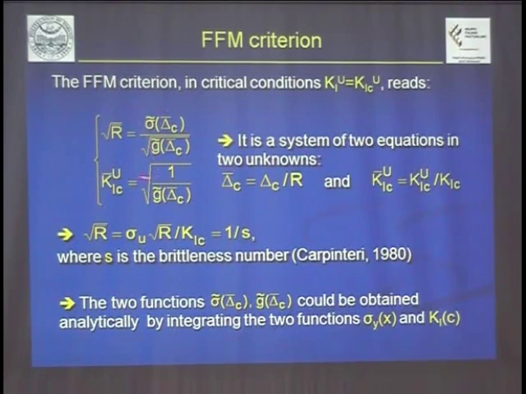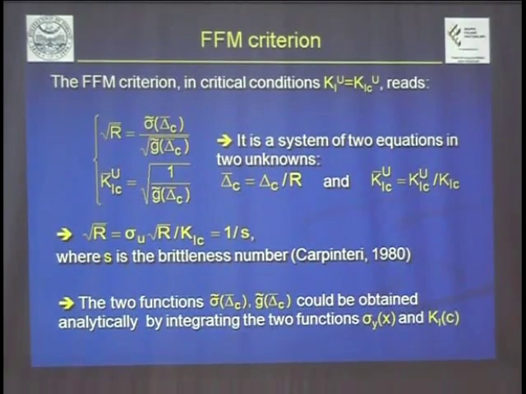So R bar here is the dimensionless notch root radius. Sigma tilde and G tilde are two functions that could be obtained analytically, and indeed they have been obtained analytically, by integrating the two functions sigma y and K1 of c.